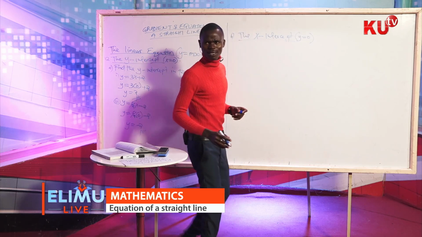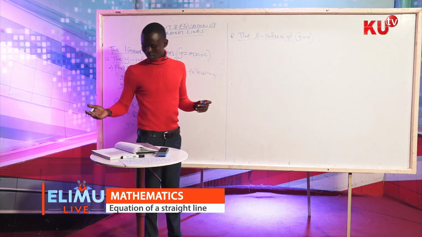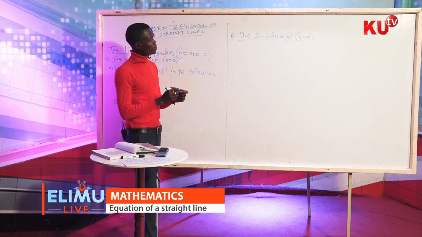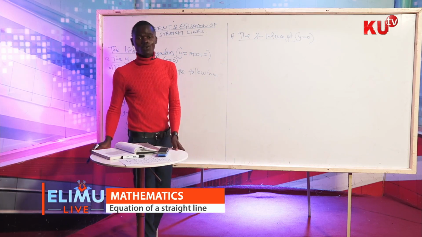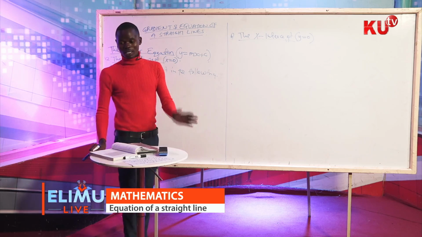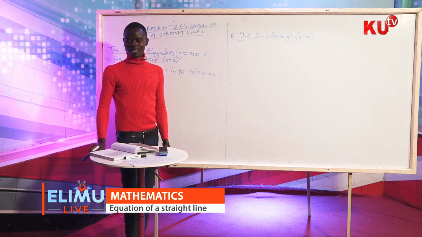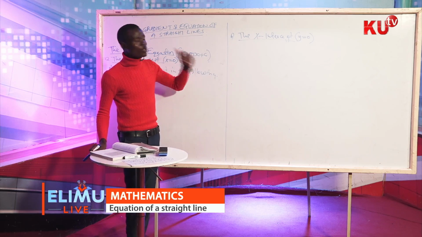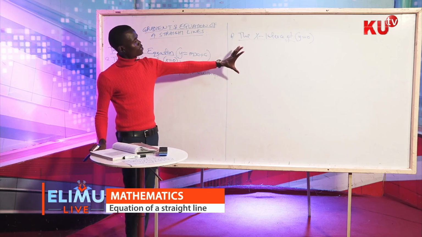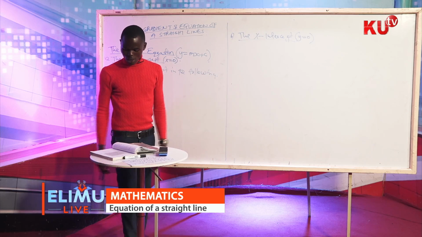Just imagine that. Y equals to 0. That is the x-intercept that most of the students have been crying about. It is as simple as that. You just know the basics. X-intercept, y is 0.